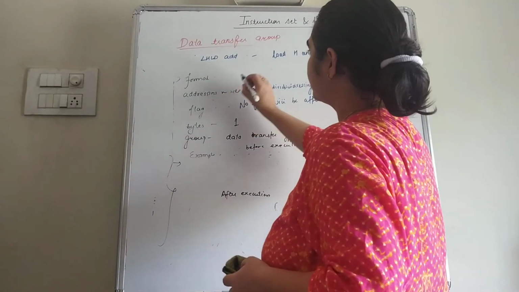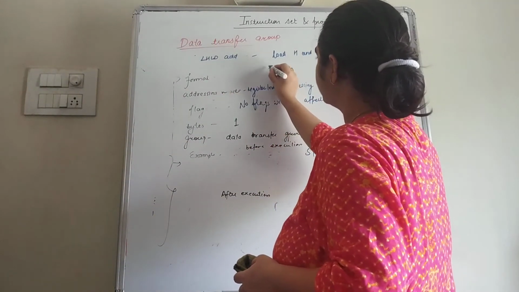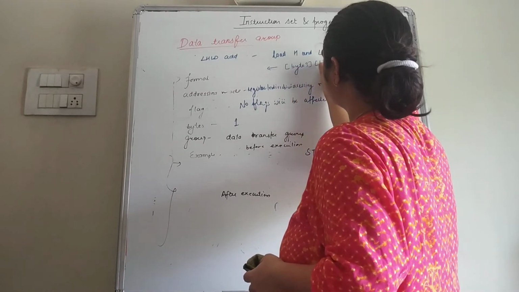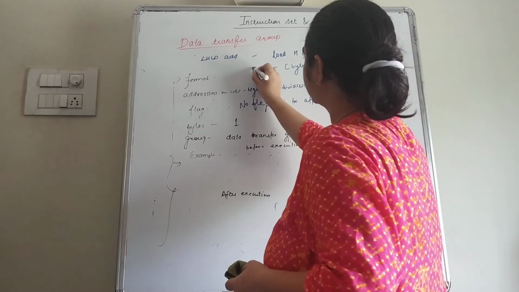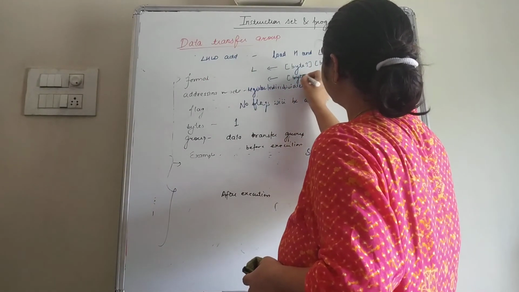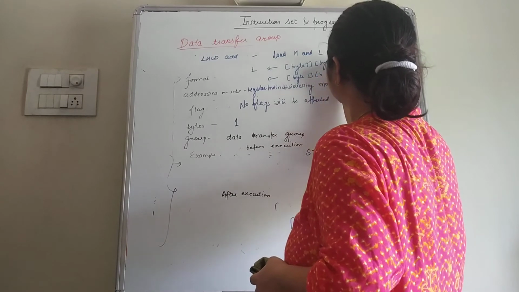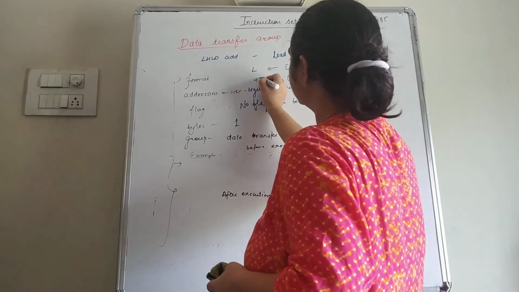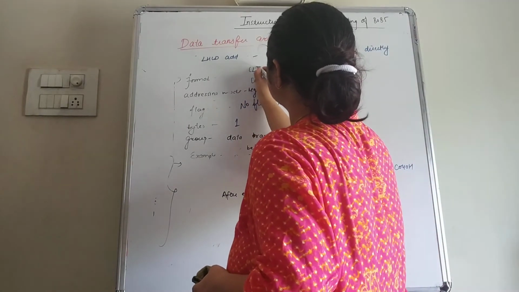The format of this instruction is: the contents at byte 3 byte 2 will be loaded into the L register, and the contents at byte 3 byte 2 plus 1 will be loaded into the H register.